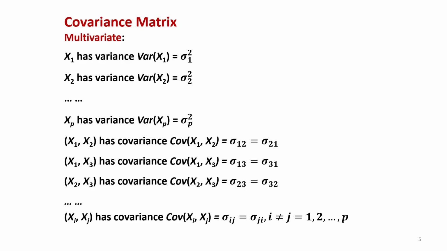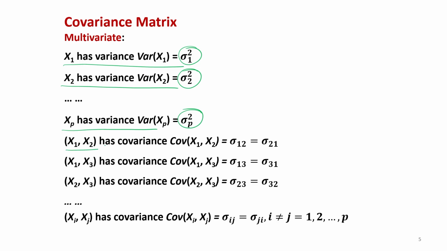Now, similarly, if you are considering the multivariate case, the same story can be extended. You have variable x1 with variance sigma 1 square, x2 with variance sigma 2 square, xp with variance sigma square p. And all pairs of these variables will have covariances.